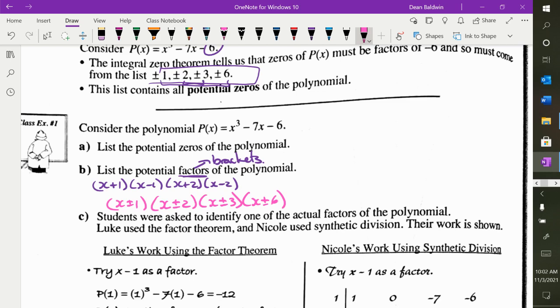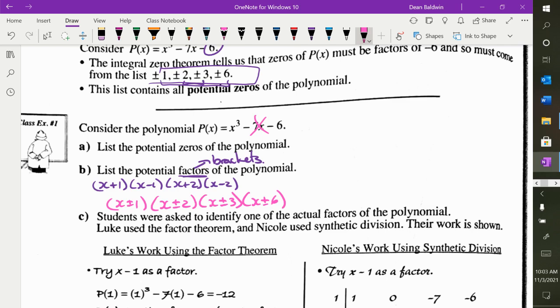How do you know which one is a factor? What adds to 6? No, it has nothing to do with the middle term. When the remainder equals 0, right? That's what we did in the lesson we just finished. So how do you find the remainder? Synthetic division, or you plug in your a value. Okay?